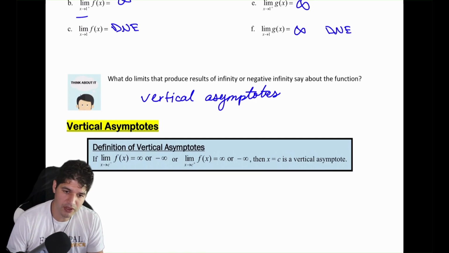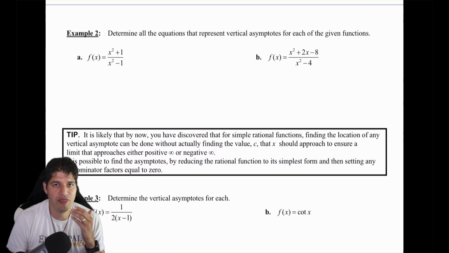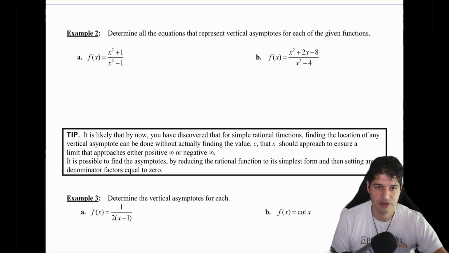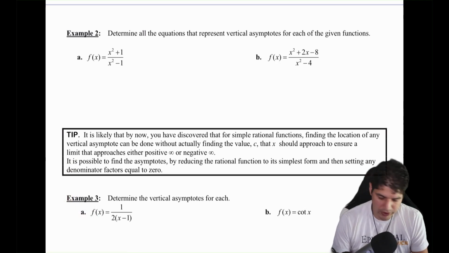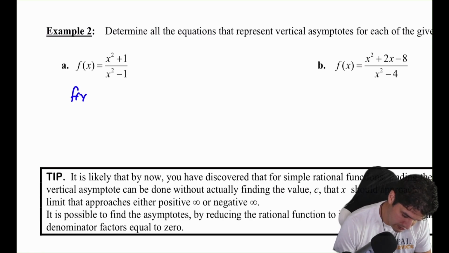All right, so moving on, we're going to ignite some of our thoughts from pre-calculus. Here in part A, we know that we can factor this. Here, f of x equals x squared plus 1 over x plus 1, x minus 1.